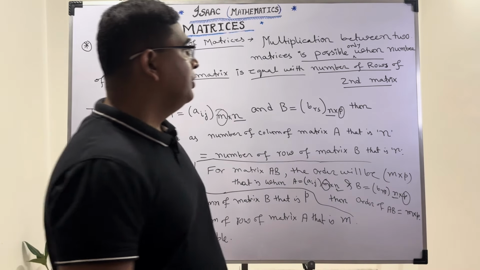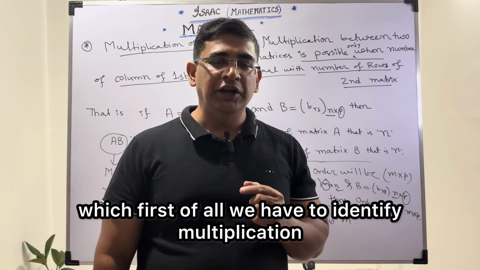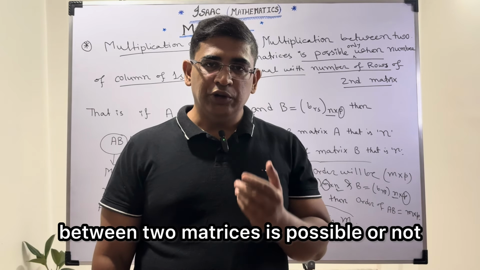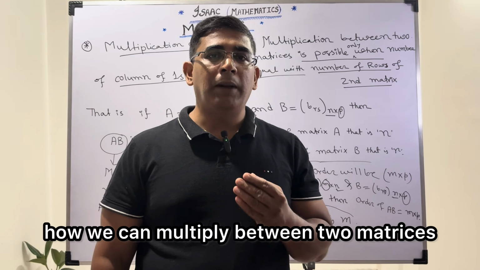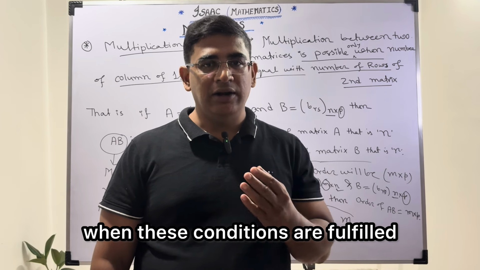Okay. So this is the way by which first of all we have to identify whether multiplication between two matrices is possible or not. Now we will learn how we can multiply two matrices when these conditions are fulfilled.